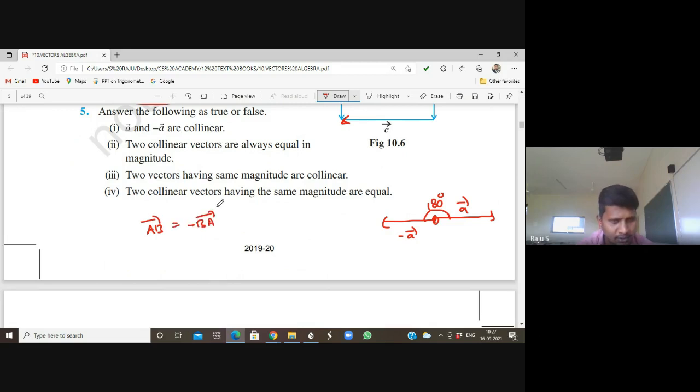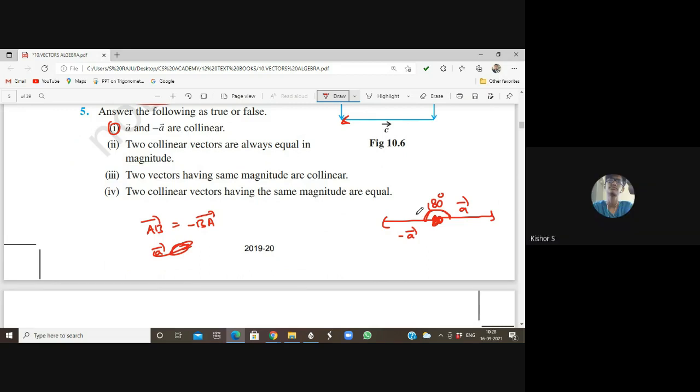Got it? Vector AB is equal to minus BA. In the same way, when we change the direction by 180 degrees, it gives minus A vector. See here, what about this vector A and the minus A vector, collinear or what?